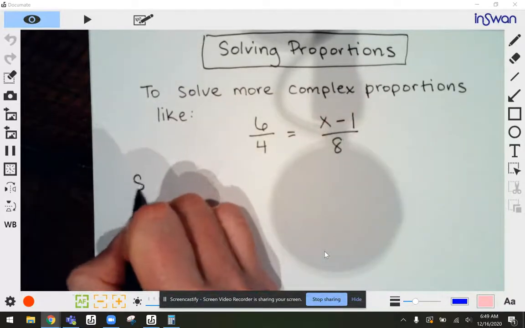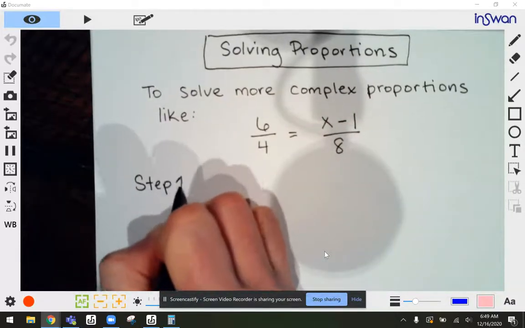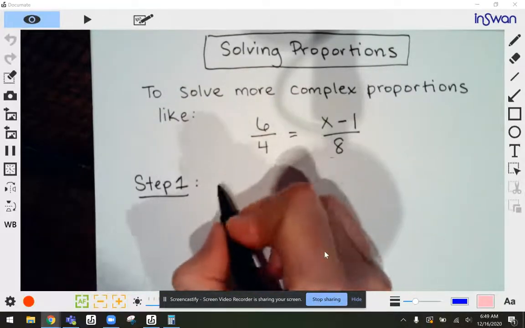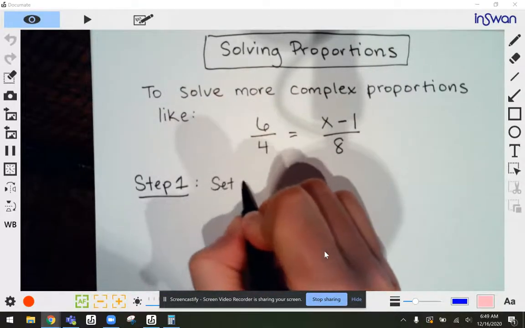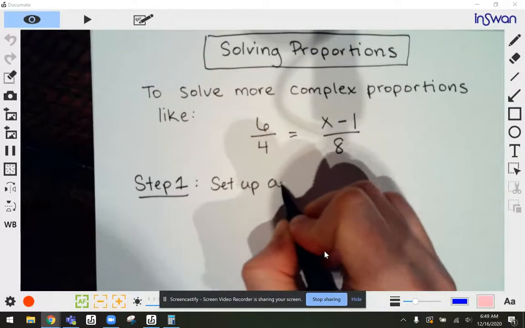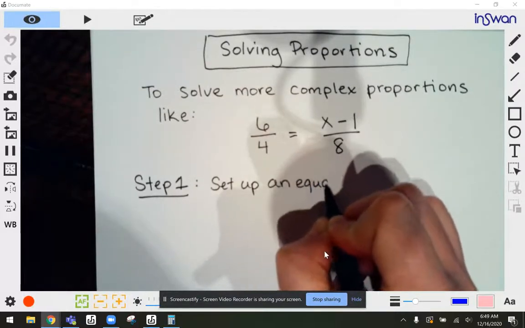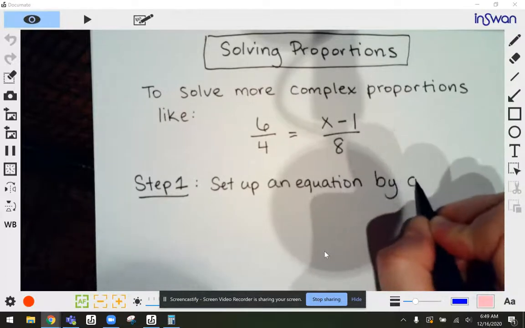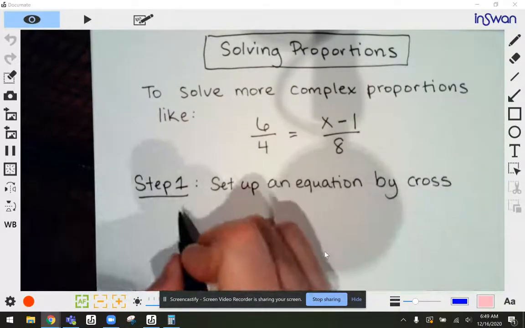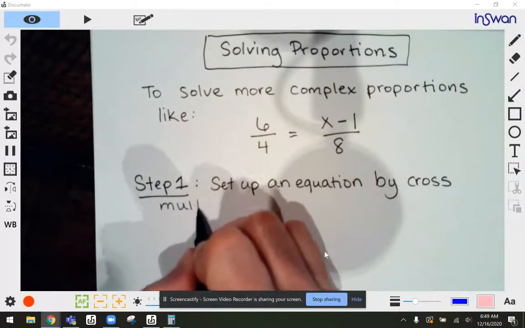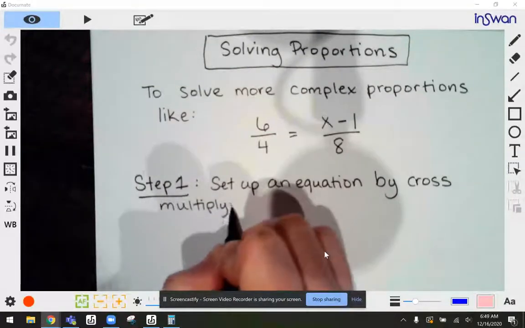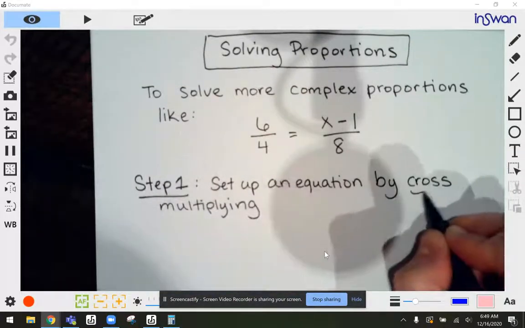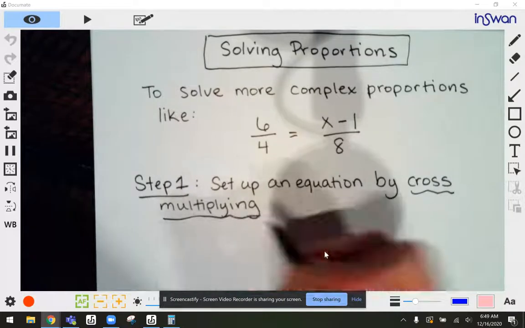We're going to follow these steps. So step 1 will be to set up an equation by cross multiplying, just like before. So step 1, cross multiplying.